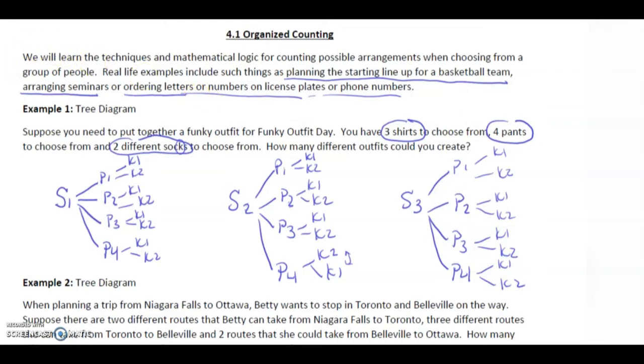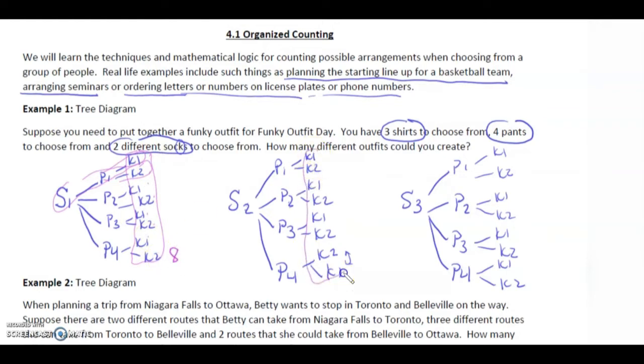If we're counting how many different outfits we can create from this tree diagram, we look for the number of possible outfits. Every time there's an outcome in the last column, like a K1 or K2, we consider that as one different outfit. So 1, 2, 3, 4, 5, 6, 7, 8.